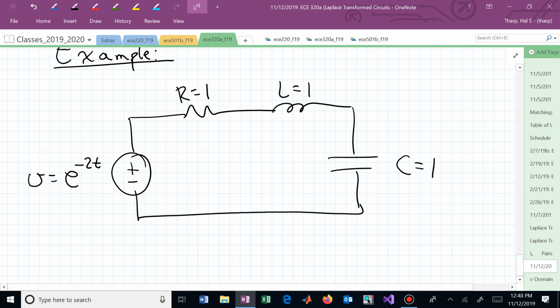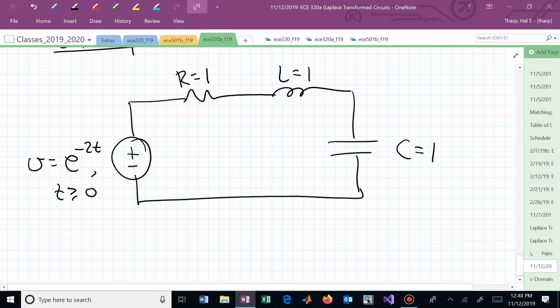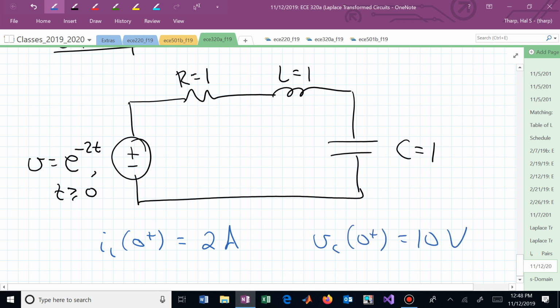All the element values are 1s. This is now true for t greater than or equal to 0. We're applying that input, which is an exponential, and let's suppose that we are actually given initial conditions. Let's say that the initial current through that inductor has been established and it's 2 amps, and the initial voltage on that capacitor is 10 volts.